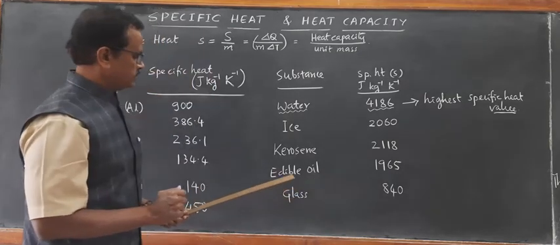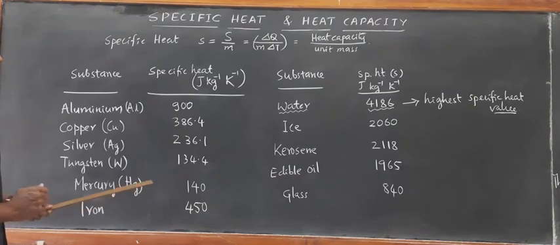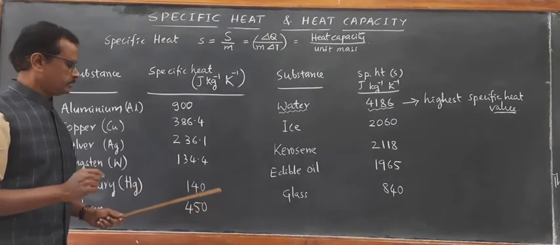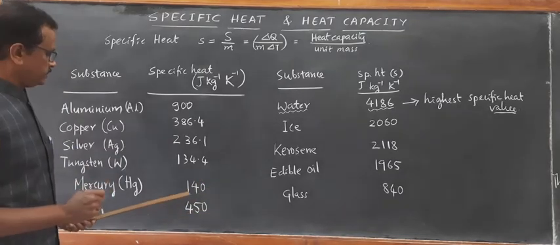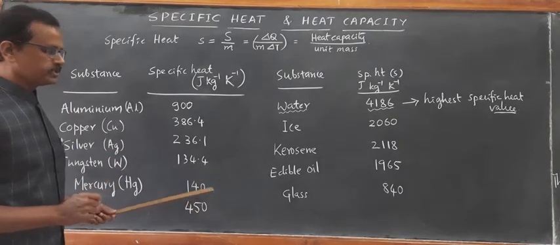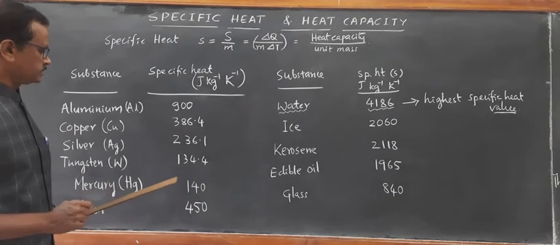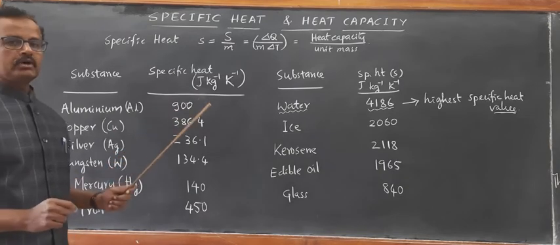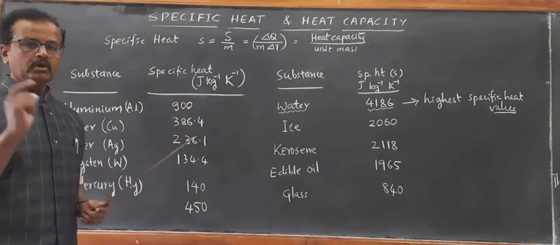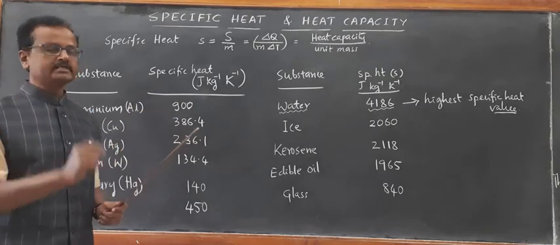Whereas if you look at mercury, in order to raise the temperature of 1 kg of mercury by 1 Kelvin, it requires only 140 joule of heat energy. Aluminium requires 900 joule of heat energy in order to raise the temperature of 1 kg of aluminium by just 1 degree Celsius.